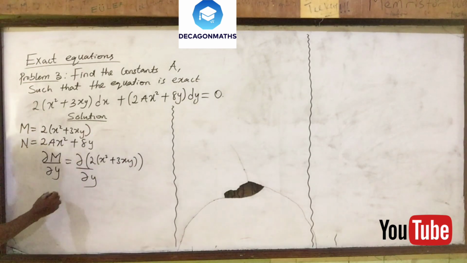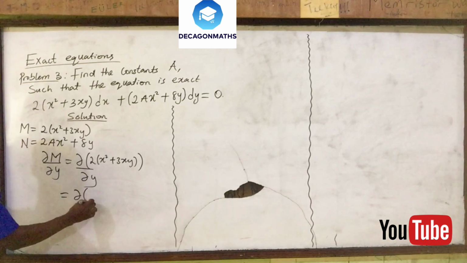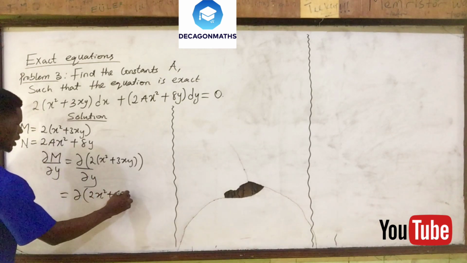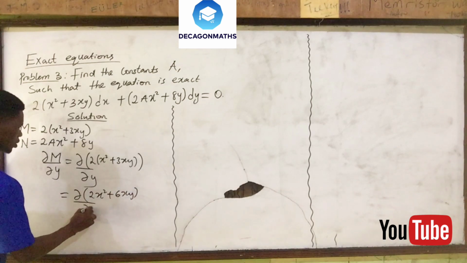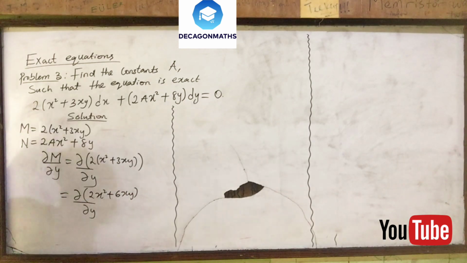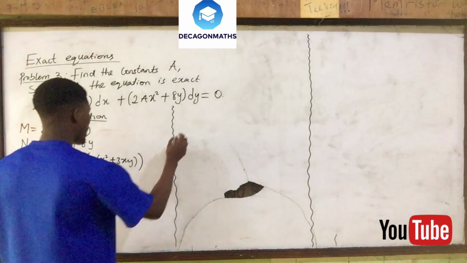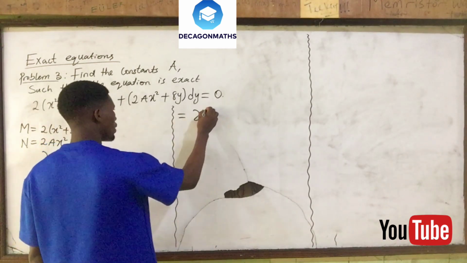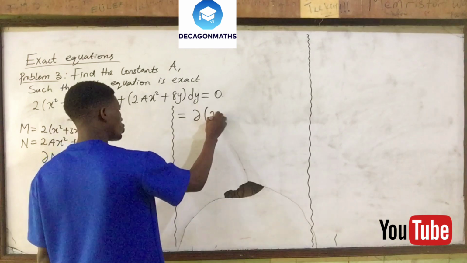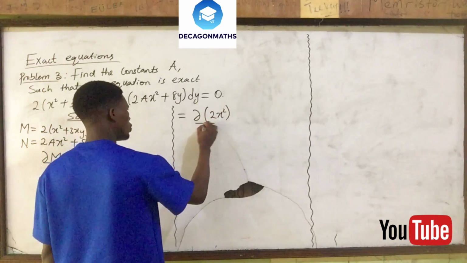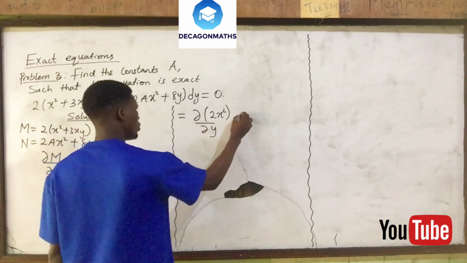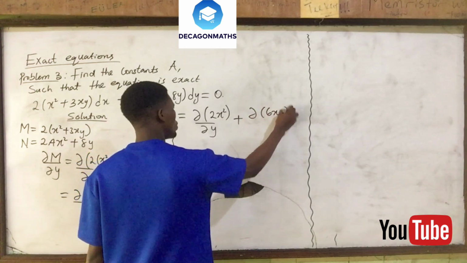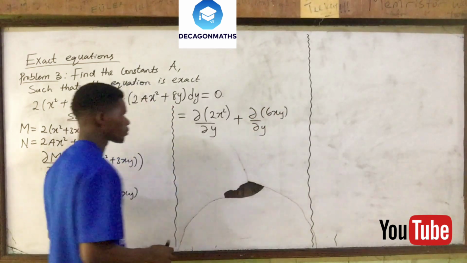When we expand this bracket, we have 2x squared plus 6xy with respect to y. When we split it, we have the partial derivative of 2x squared with respect to y plus the partial derivative of 6xy with respect to y.